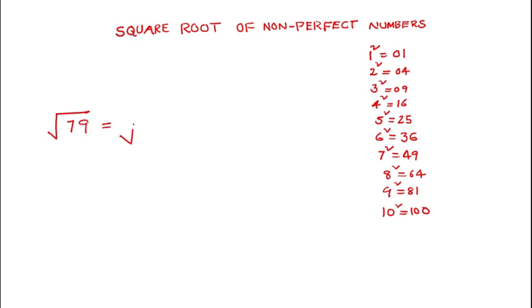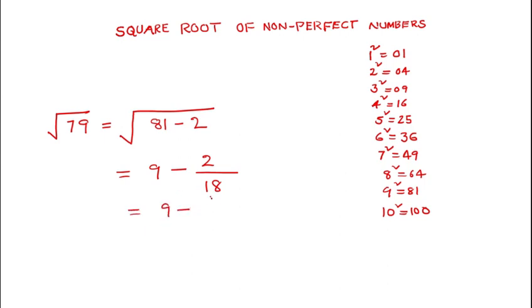Friends, next we will see one more question: the square root of 79. How can we write this one? 79 is in between 64 and 81, so the nearest I will take is 81. I can write this as 81 minus 2. Square root of 81 becomes 9, minus, 2 as it is, divided by 9 into 2, which is 18.